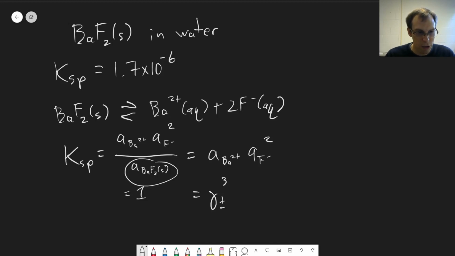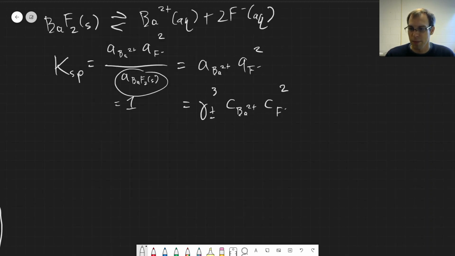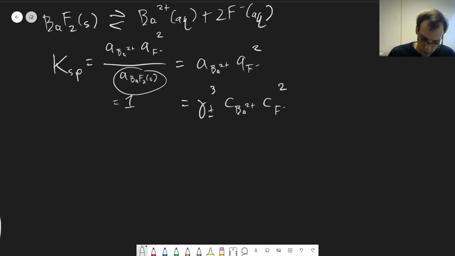So gamma plus-minus cubed will be times the concentration of barium times the concentration of fluoride squared. Then we can rewrite this expression in terms of concentrations instead of activities. The concentration terms will be equal to Ksp divided by gamma plus-minus cubed.